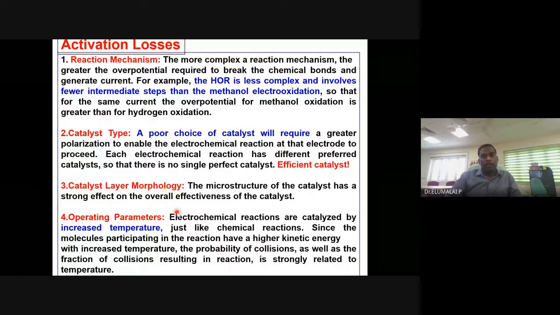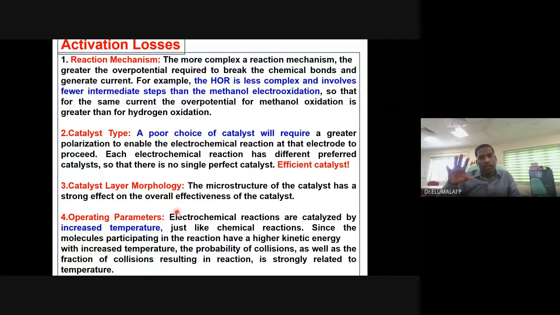When I say activation losses are more, it means the fuel has to overcome something in order to get oxidized. There is an involvement of overpotential. Hydrogen is supposed to oxidize at 0 voltage against NHE on an ideal catalyst. If the catalyst is not good, what will happen?